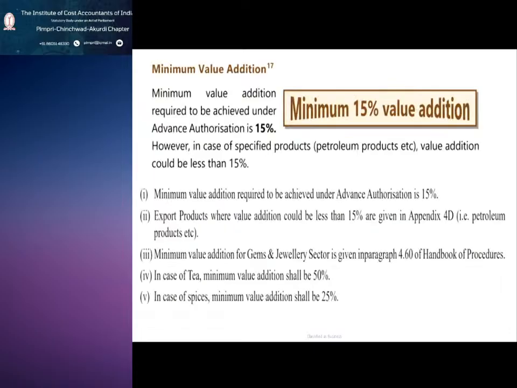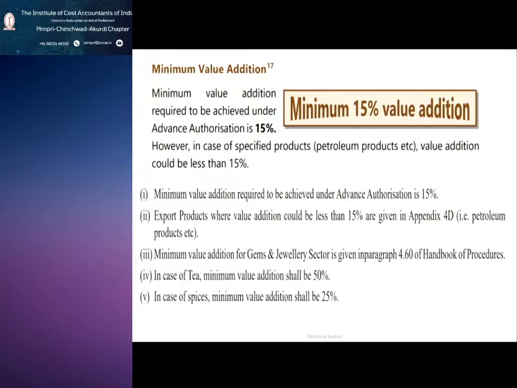So on what basis will the license be granted to us? If we satisfy the minimum value addition. The minimum value addition required to be achieved under advance authorization is 15%. In case of specified products like petroleum products, the value addition may be less than 15%.